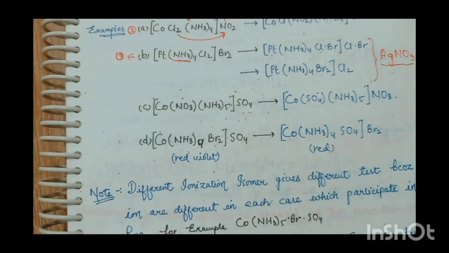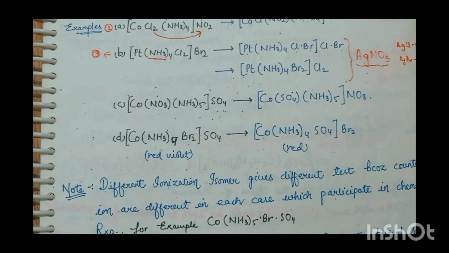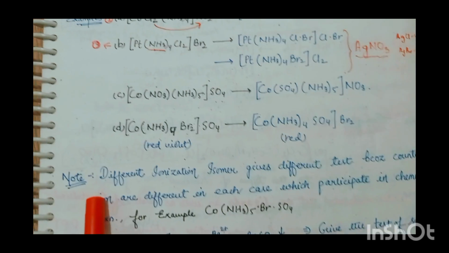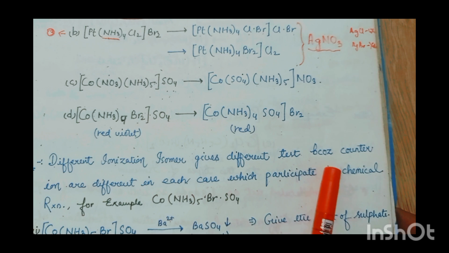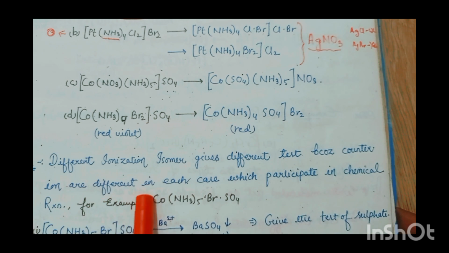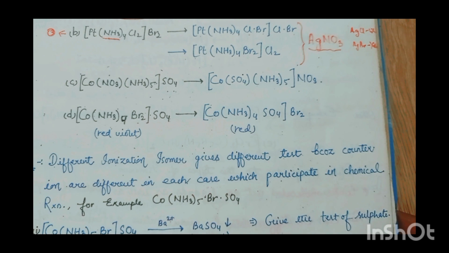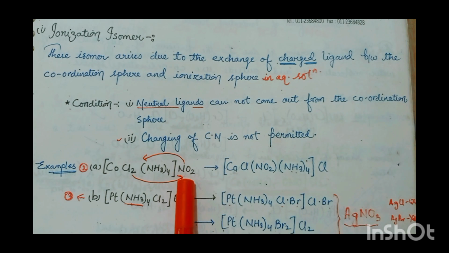Okay. Similarly, there is an example as you can see on the screen. There may be many examples. After that, one important thing: different ionization isomers give different tests because the counter ions are different in each case, which participate in a chemical reaction. Understood? In this case, it will give the test of nitrate ion, NO2 minus.